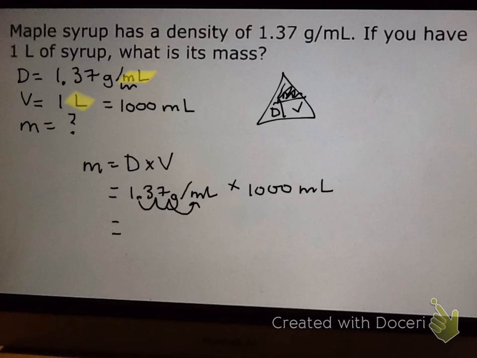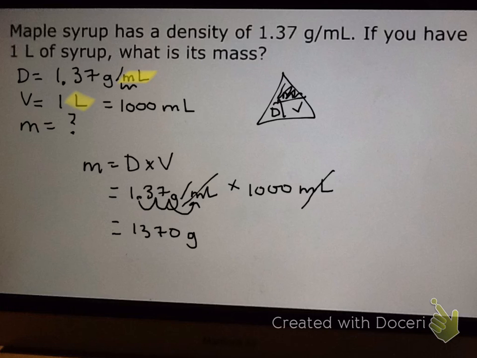If you need to use your calculator, that's just fine. And you can type it in and you'll get the same answer. So I've got grams per milliliter times milliliters. So that means that my milliliters are going to cancel out and I'm just left with grams. So my answer is 1,370 grams.